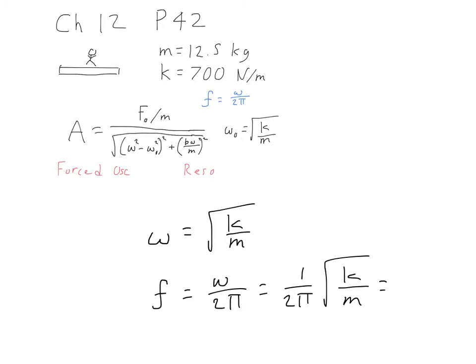K and m are variables that were given, so we just plug that in, and we get about 1.2 hertz. Now, let's think and see, does that number actually make sense? Does it actually fit our intuition, our experience?